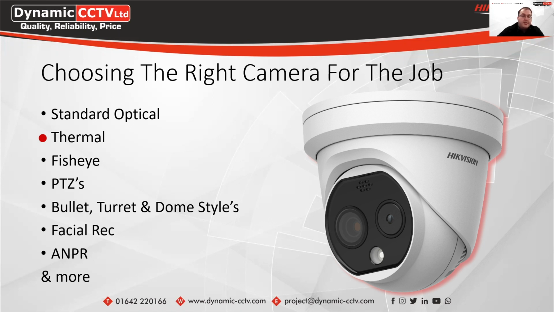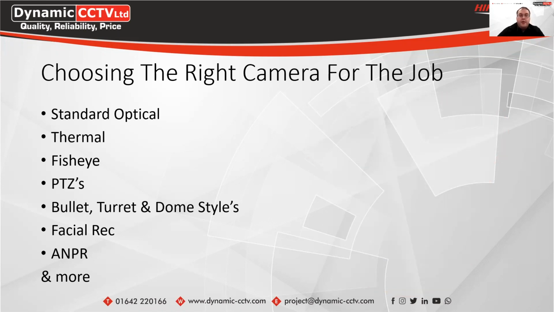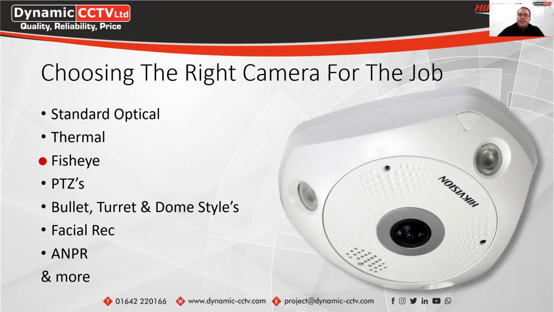You then also have fisheye camera lenses. These are best used as a ceiling mounted camera in the center of a room, and it would give you an overview of the entire room using the 360-degree lens, which we're going to take a look at in a little bit more depth.